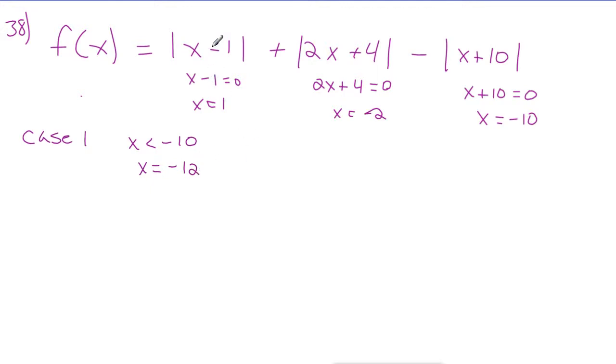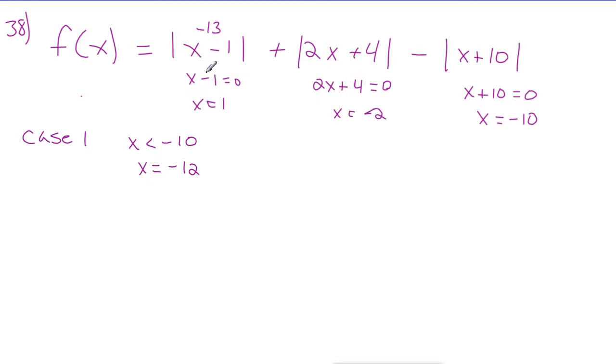Now I'm going to go back to my first absolute value here. When x equals negative 12, if I put negative 12 in here, this would give me negative 13 inside, but I want that to be a positive 13.